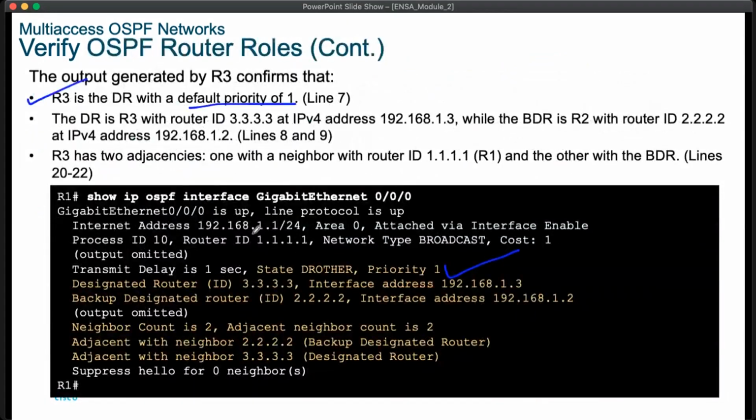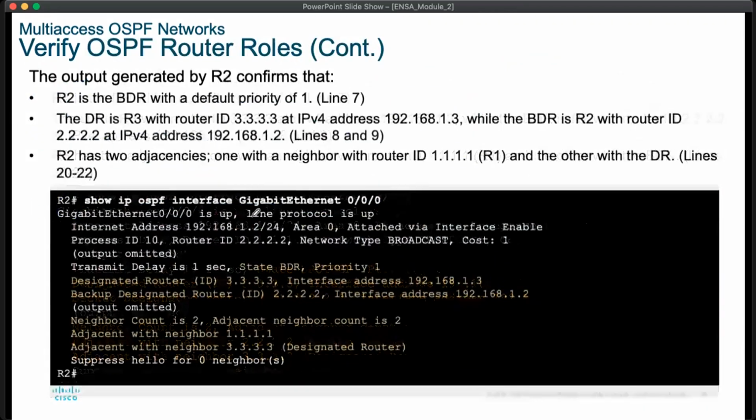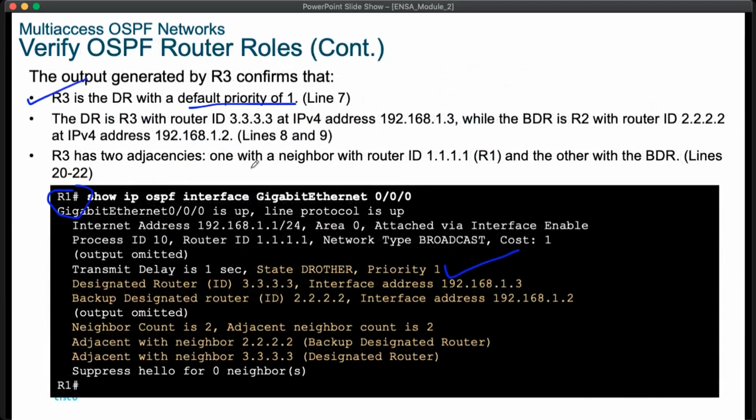There is some error on this page. Basically, you will get similar information as stated here when you run the command on R3.